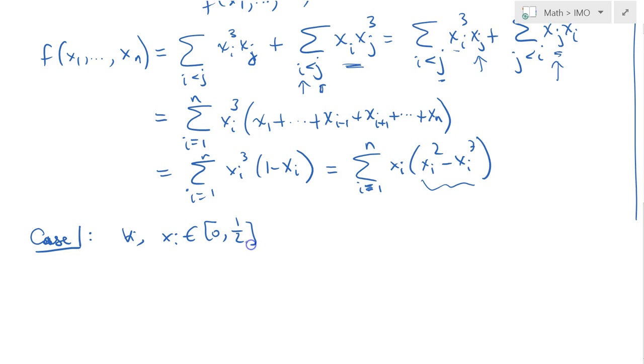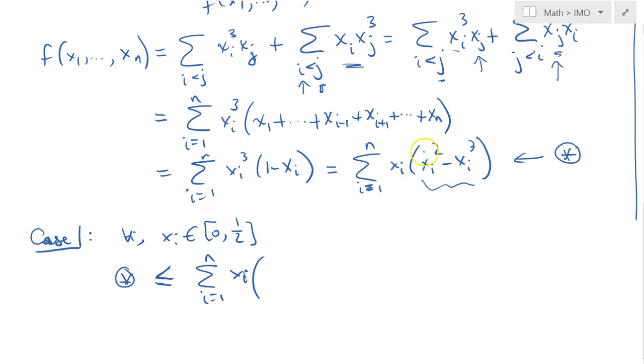Let all the x_i's be in this interval. Then this expression here, let's call it star, is actually less than or equal to, I should say, star is less than or equal to the summation of x_i, i from 1 to n, and then open the parentheses.